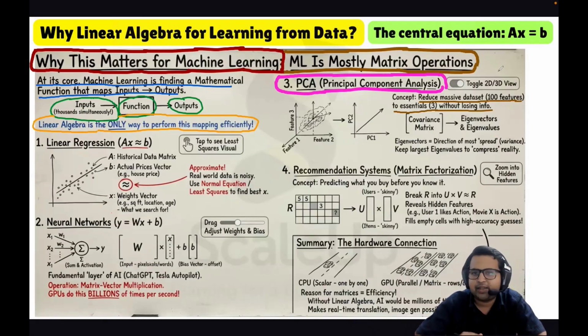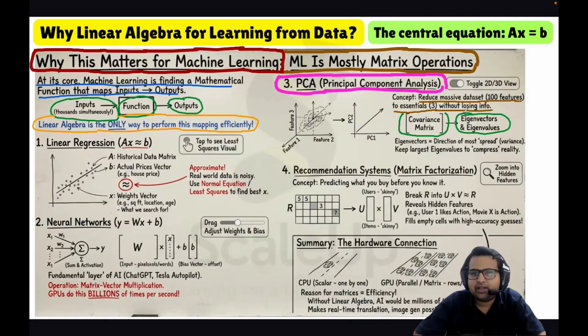Now let us understand the matrix view. Principal component analysis calculates the covariance matrix of your data. So whatever data set you have, we calculate the covariance matrix and then find the eigenvectors and eigenvalues of the covariance matrix.